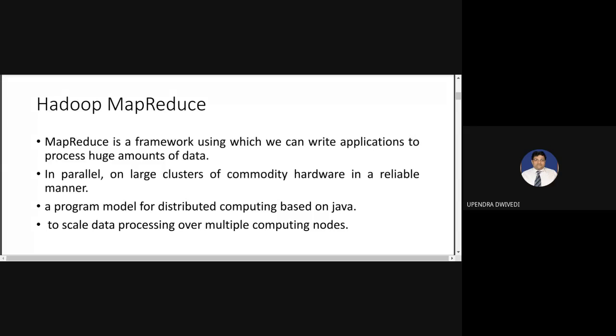So MapReduce provides a feature by which it makes sure that these different phenomena will not cause any loss of power or any loss of data.